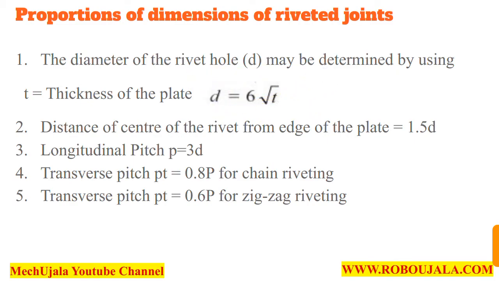Now the second one is the distance of the center of the rivet from the edge of the plate. So we can calculate the distance of the center of the rivet from the edge of the plate is equal to 1.5 d. So remember these two. Now the third one is longitudinal pitch. How can we calculate it?